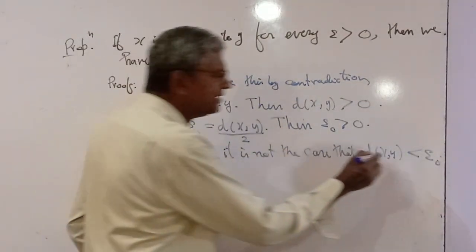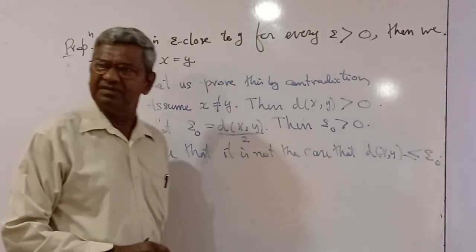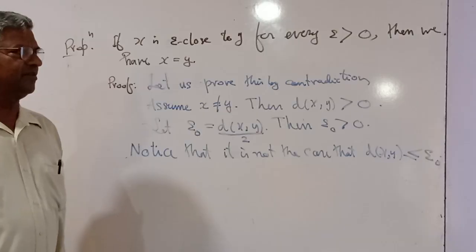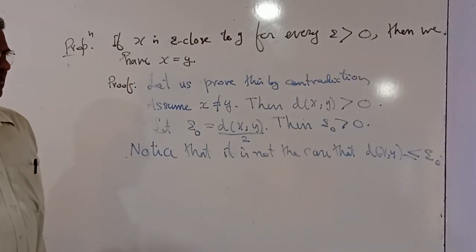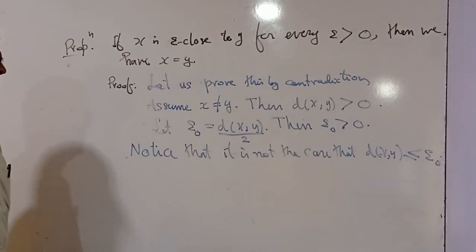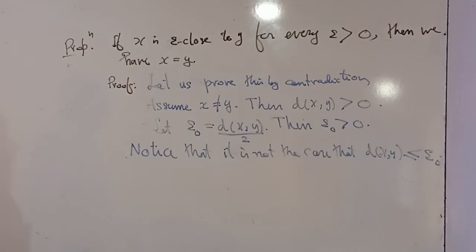Epsilon close is less than this way, no? Less than or equal, no? When you say epsilon close, it means dxy less than or equal to epsilon, no? Not strictly less than. Notice that it is not the case that dxy less than or equal to epsilon 0.